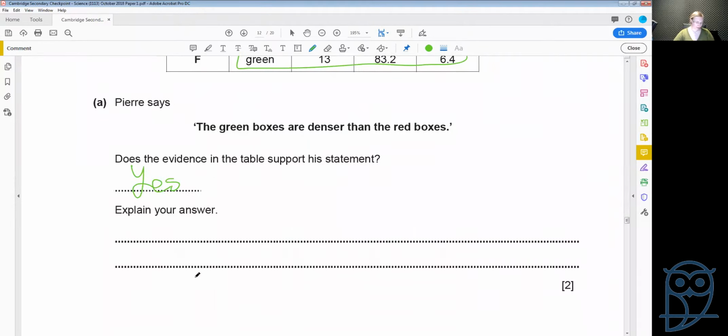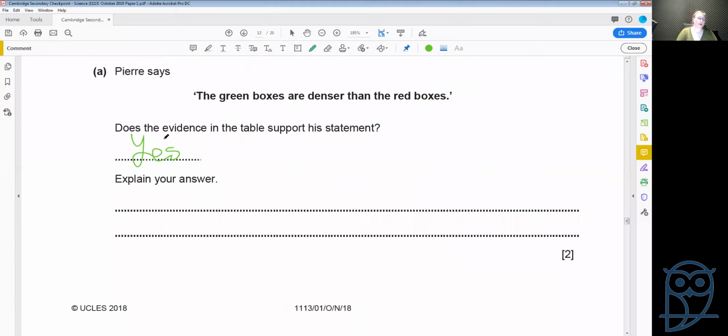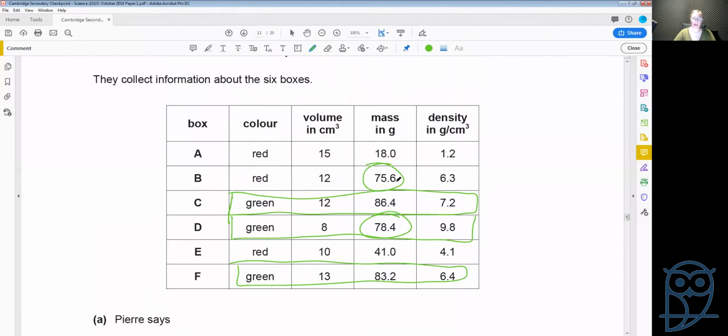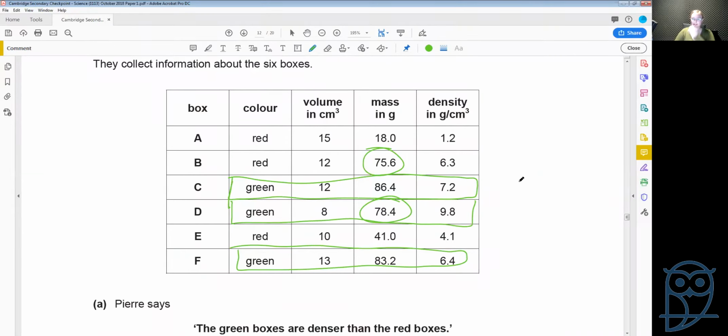Explain your answer. So here we can go, the densities, oh, yeah, that's mass. My apologies. So ignoring that, here is our densities, and there is our densities, and we get to the same thing. Here's our 3 densities of the green boxes. We've got 7.2, 9.8, and 6.4.